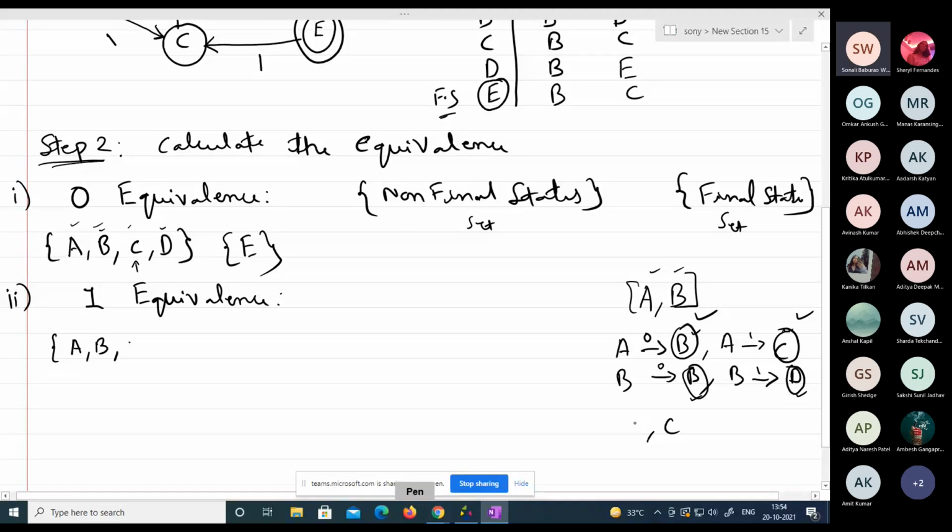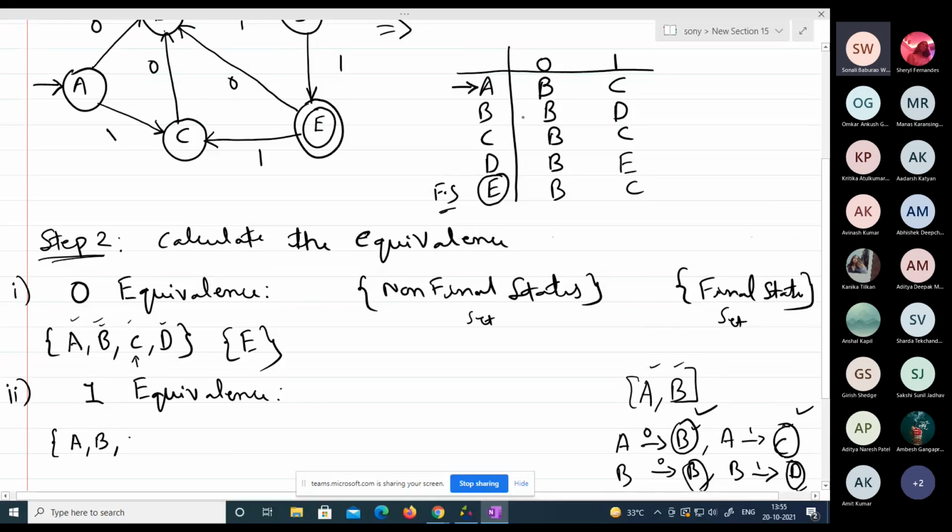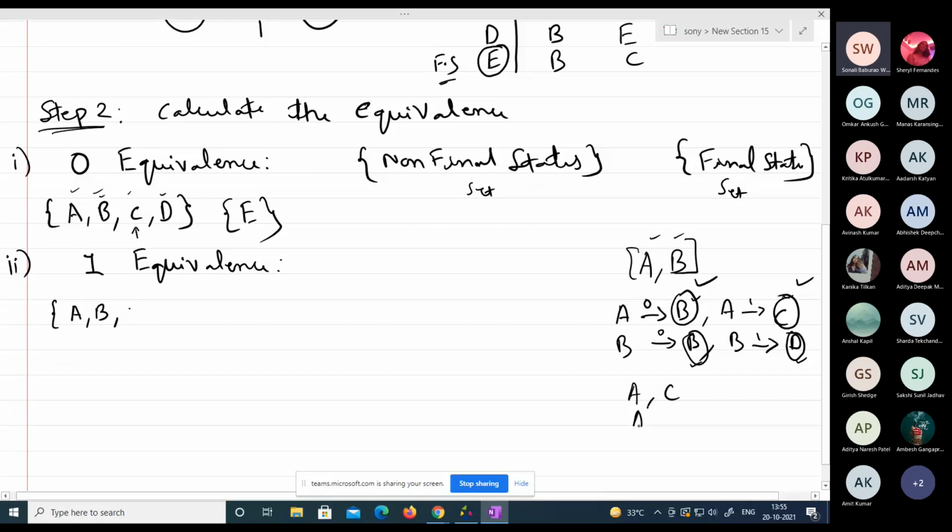For example, I'm going to check A comma C. Now check in the table.